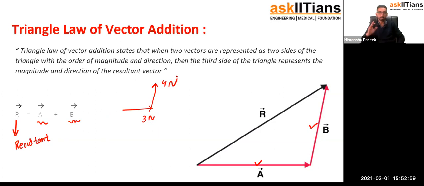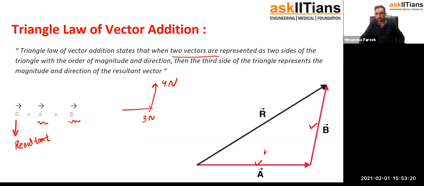So now, what does this triangle law of vector addition say? This law says that when two vectors are represented as two sides of a triangle, yes, you can see this, A and B are represented as two sides of the triangle. Notice one thing.